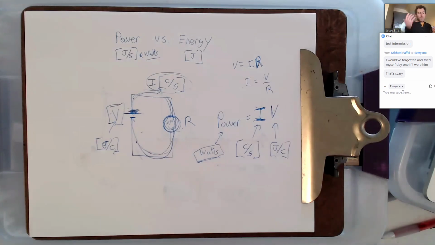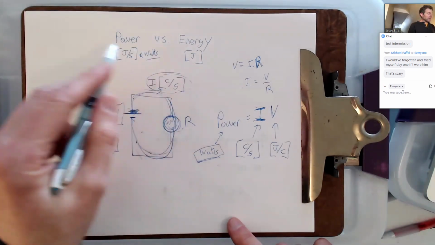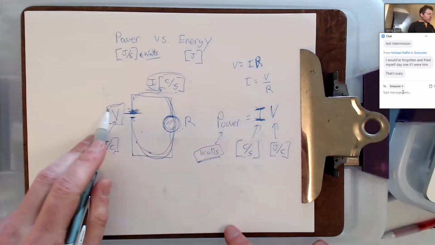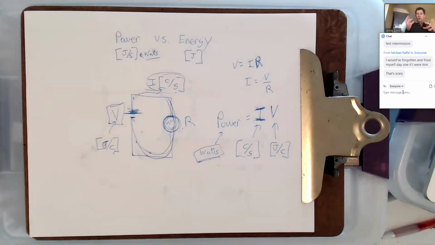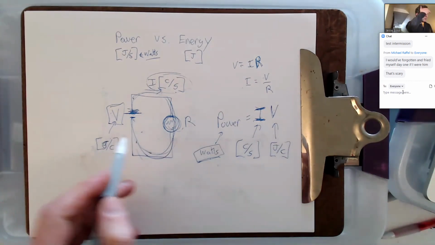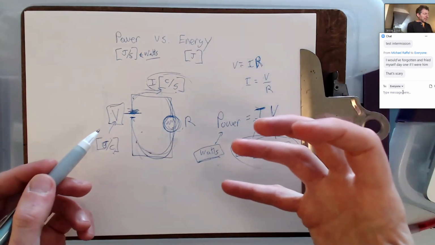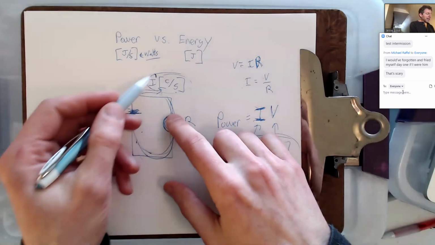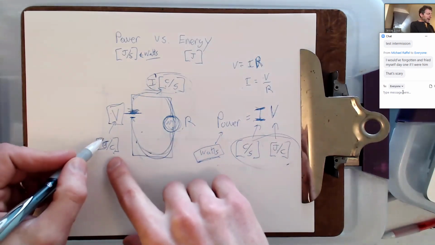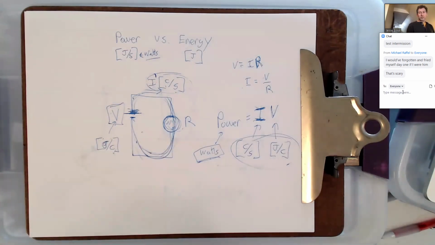But because these units, joules and power and voltage and current, are so central to basically everything we do, in addition to just multiplying the units, I want you to think physically about coulombs per second flowing and every one of them giving off V joules.